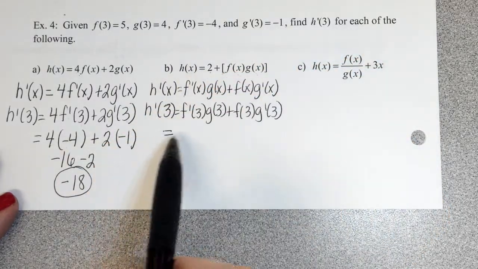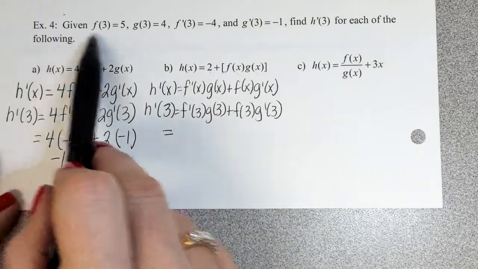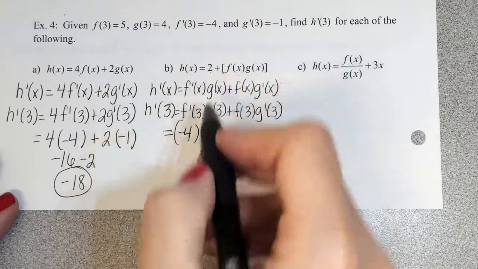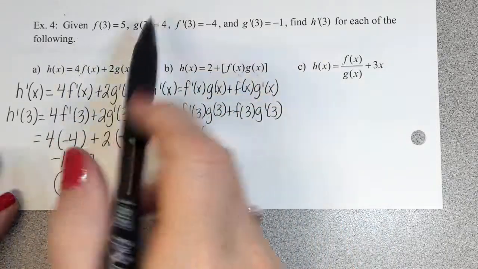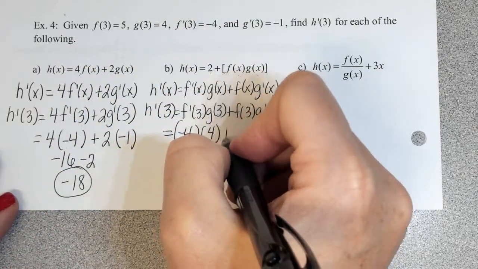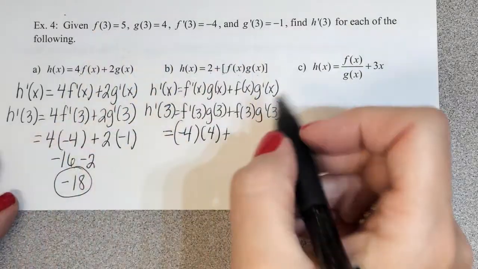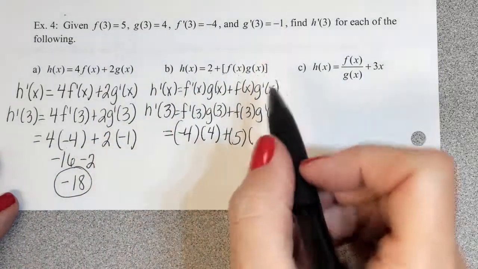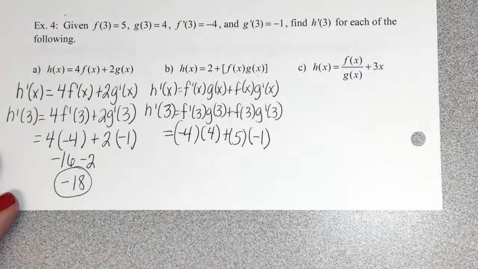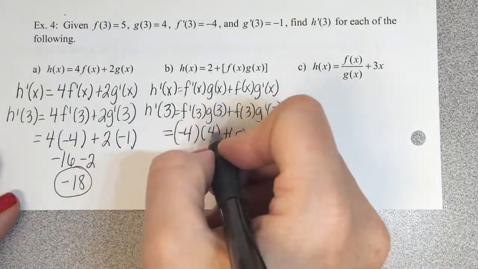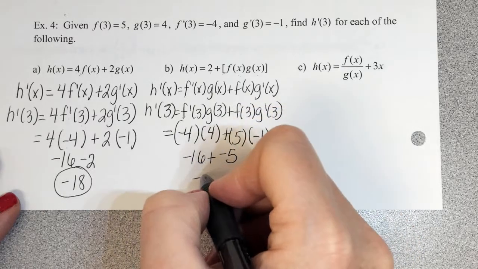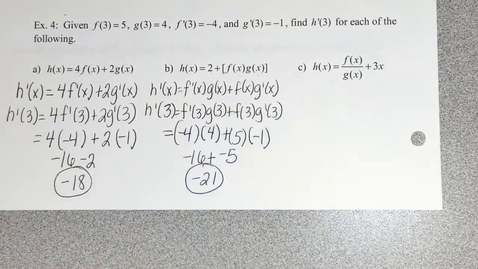So finishing it up, f prime of 3 is negative 4. g of 3 is 4. f of 3 is 5. g prime of 3 is negative 1. So just finishing, negative 4 times 4 plus 5 times negative 1 should be negative 21.